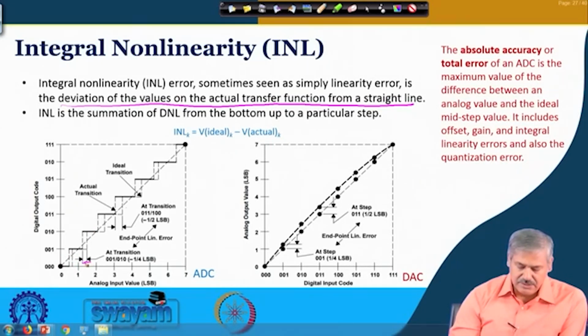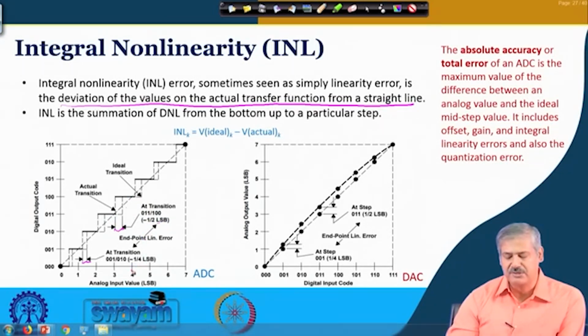These are the different deviations, which you can measure from the straight line for the actual transfer function. These are the different values, minus half LSB, minus 1/4 LSB or so.